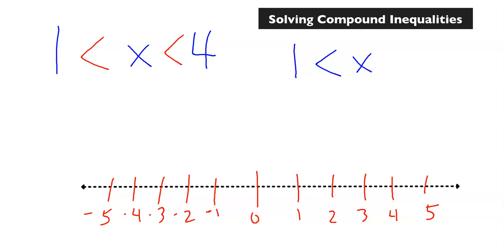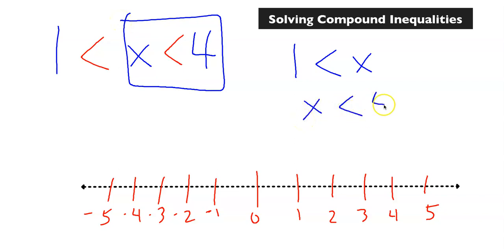Next, I want to take the other part of my compound inequality and state that one as well. Now, you may be asking yourself, what exactly does that mean, Mr. Moore? When you are dealing with inequalities, remember that whenever your x value is to the right of your inequality symbol, you are free to turn that around.